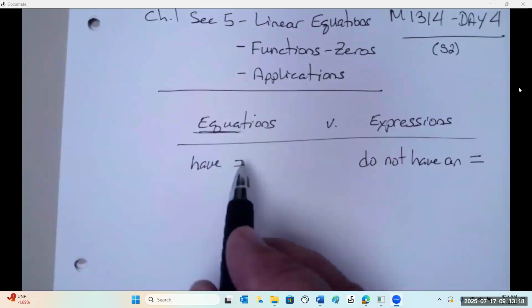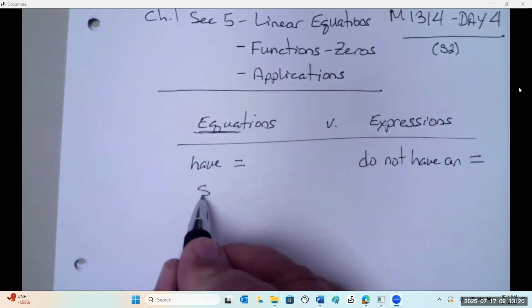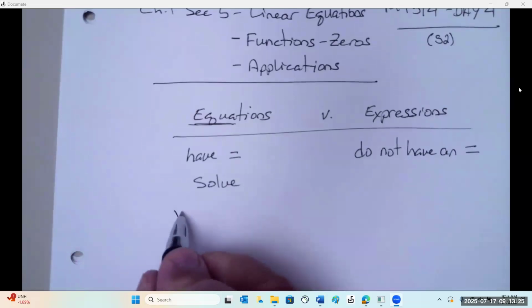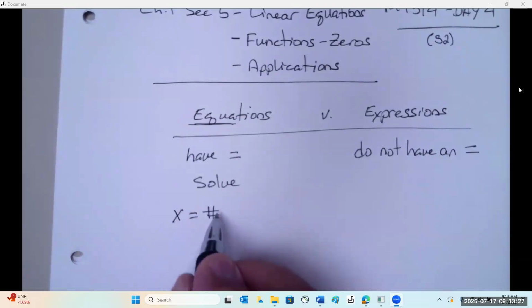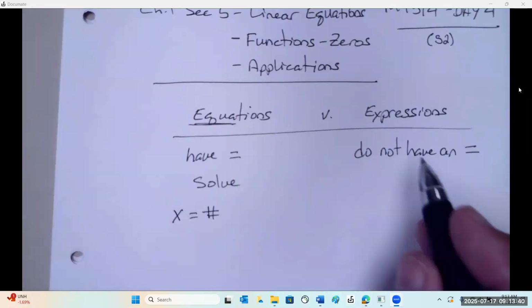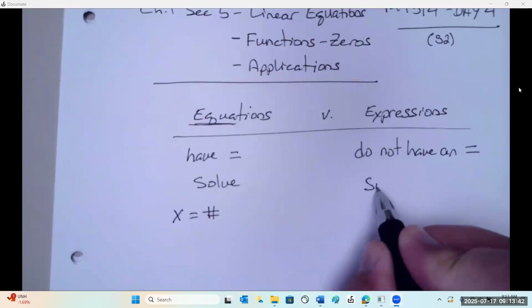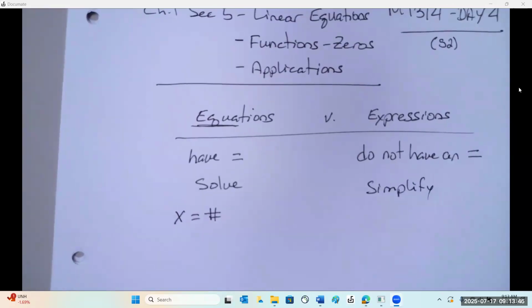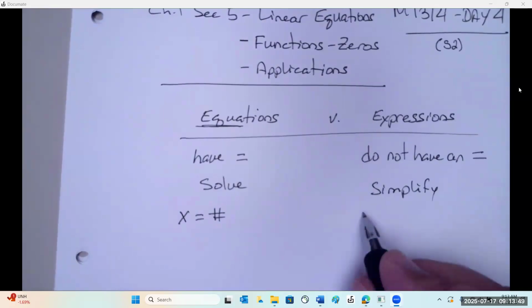In equations, since it has an equal sign, you solve. In other words, you're not done until your variable equals a number. Those are equations. You have to solve for a value, or it can be an equation like y equals mx plus b. That makes it an equation. Expressions, you simplify, combine like terms.